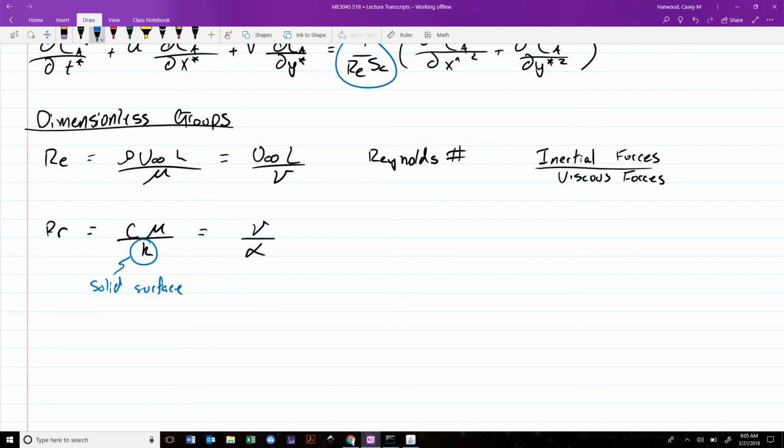So if we have the flow past a sphere, K here is going to be the thermal conductivity of that sphere.